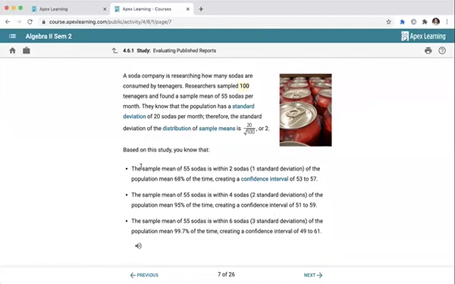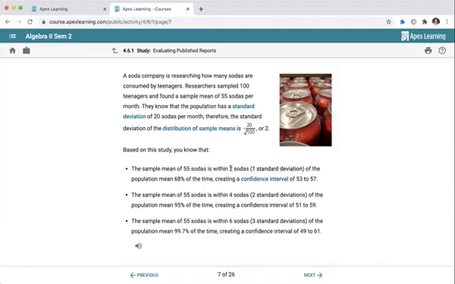What this is saying is our sample mean of 55 sodas is within 2 sodas, or 1 standard deviation, of our population mean 68% of the time. And again, 68% because we're talking about 1 standard deviation.